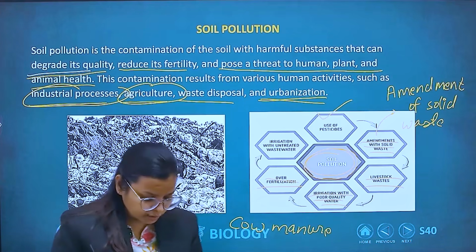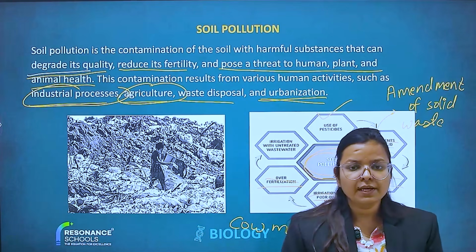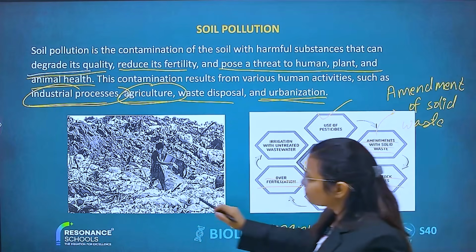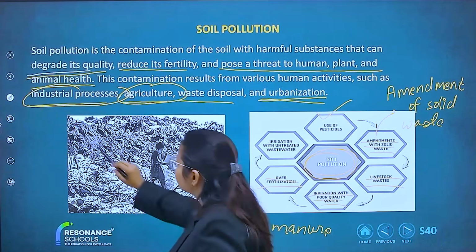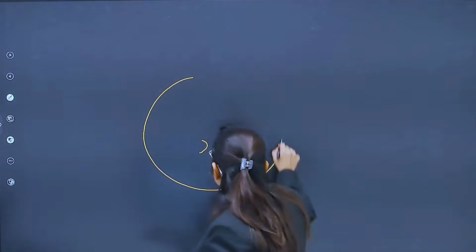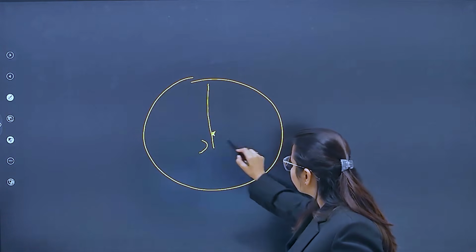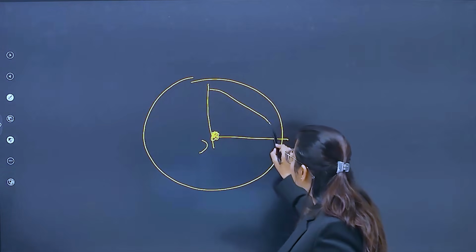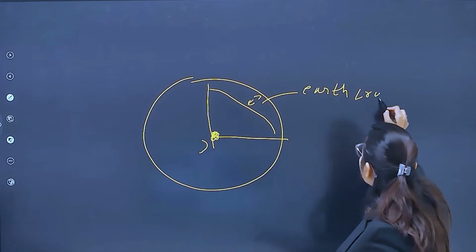Ma'am, does the center of the earth actually exist after the layer? Yes, it is the core of the earth. We have 3 layers. Say this is your earth, and I am taking the cut section. Say this is the center of the earth. This is your crust, the earth crust, the outermost part of the earth.